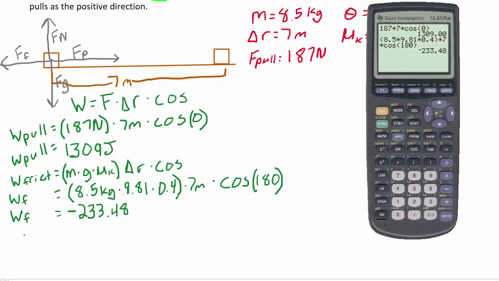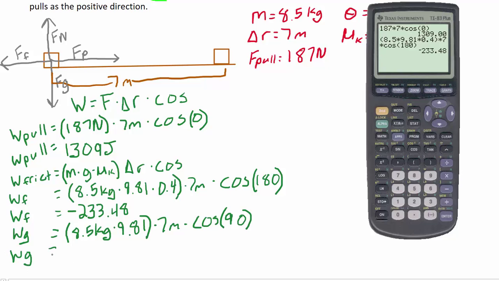And then we have the work done by gravity, which is equal to, that'll just be mass times gravity, so 8.5 kilograms times 9.81 times 7 meter distance times the cosine of 90 degrees, which will give us 8.5 times 9.81 times 7 times the cosine of 90, and that is 0.